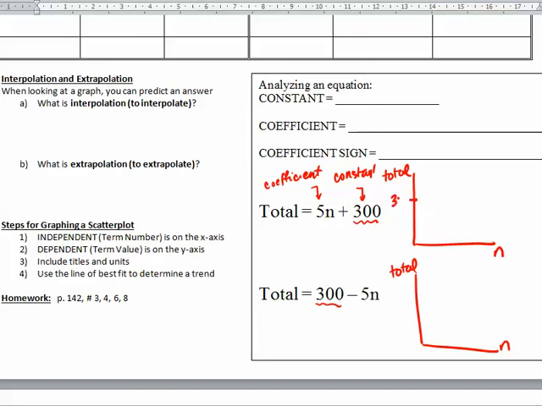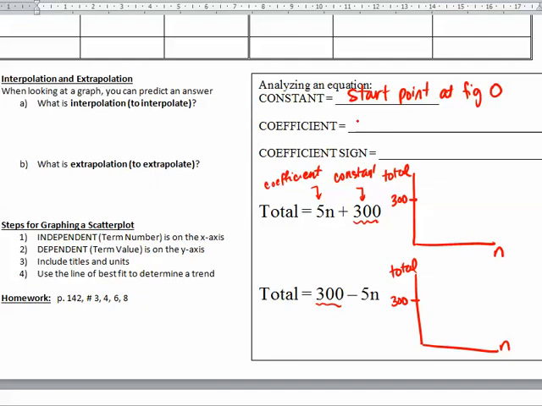So that means I will always start with 300 no matter what at figure 0. So the constant tells you my start point at figure 0. So when n is equal to 0, where does it start? It starts at this point.